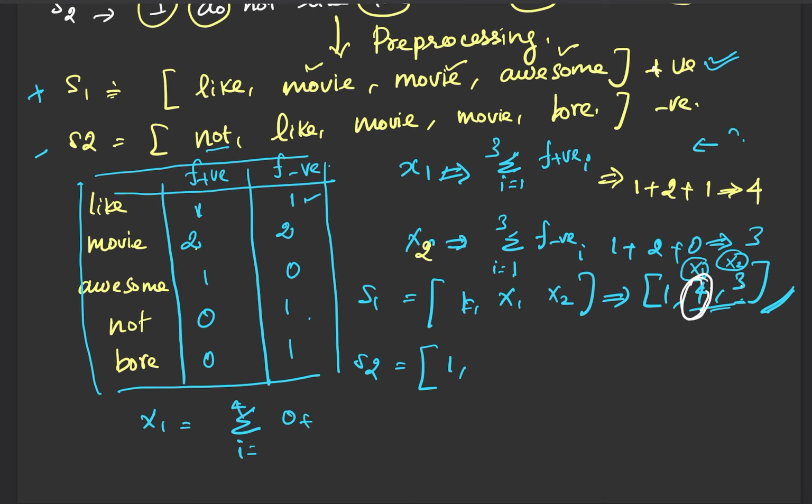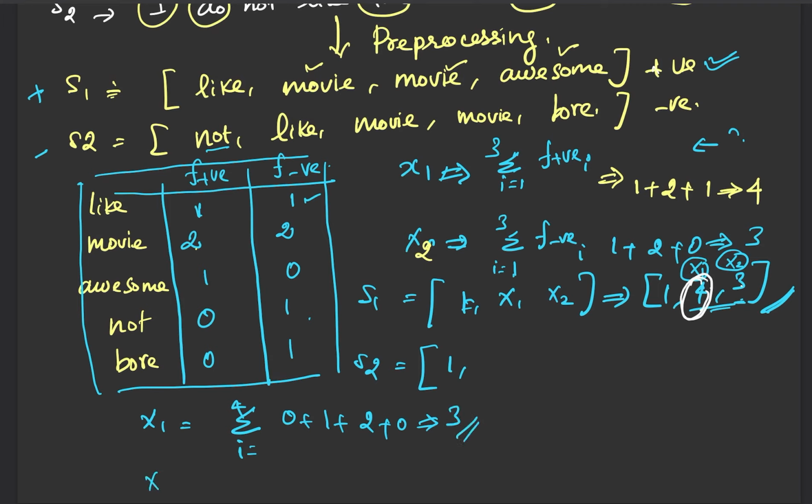And then next one is "like", and in positive frequency it is 1. And then "movie" in positive frequency it is 2. "Bore" in positive frequency is 0. So my x1 is only 3.